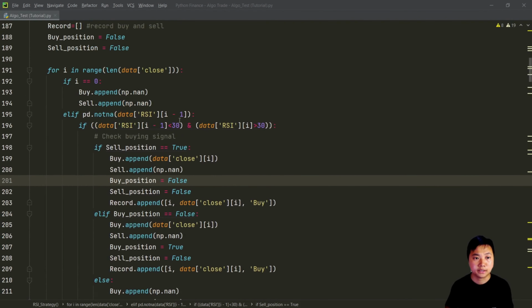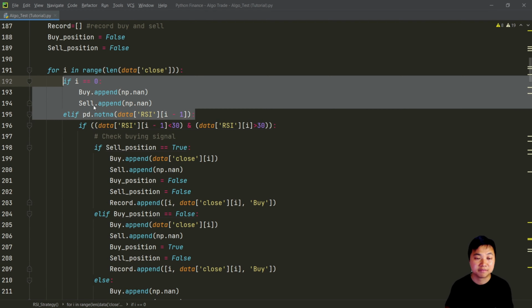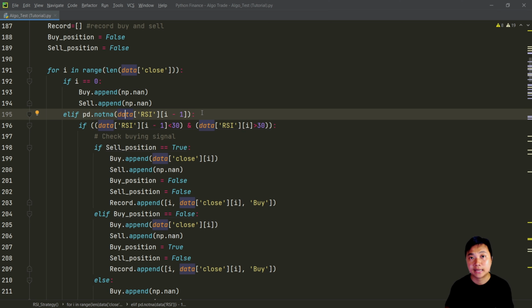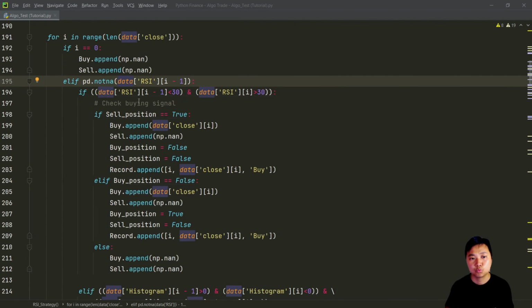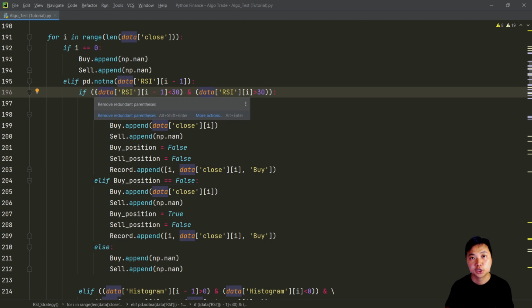At the very beginning, we will check whether or not we have any RSI indicator. If we do not have any RSI indicator, we are not going to buy and we are not going to sell. Once we have the RSI data, we will check the previous status and compare it with the current status.